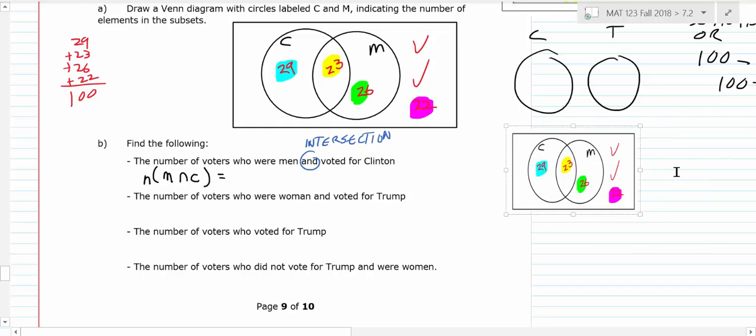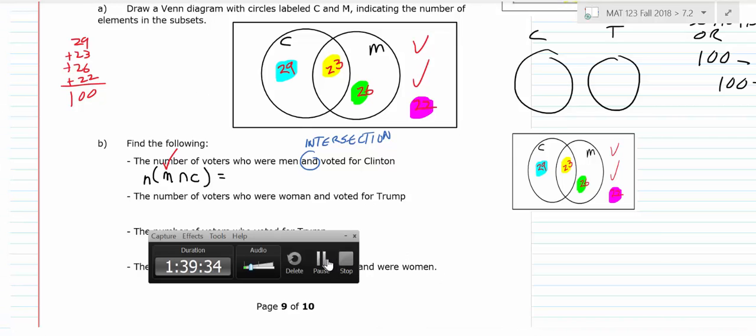So this is the intersection. Let me just start this over again here. I think it'd be less confusing.